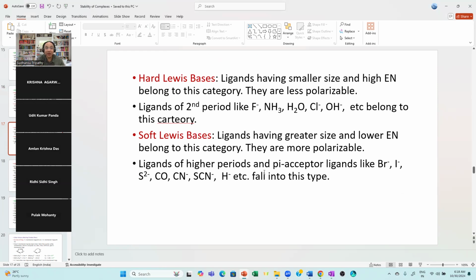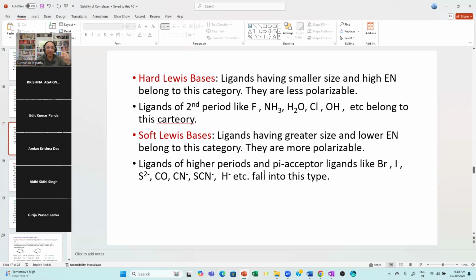They say that if one is hard and one is soft, then for covalent character, if you think of Fajans' rule, it will not form a good ionic or covalent character.